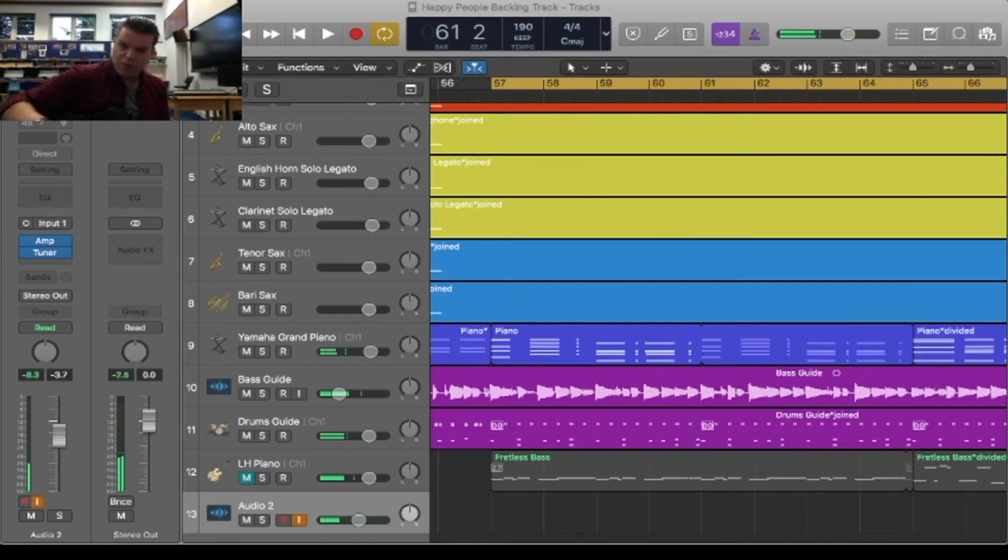Putting in some crotchet rhythms. And also, I'm doubling up some notes as well.